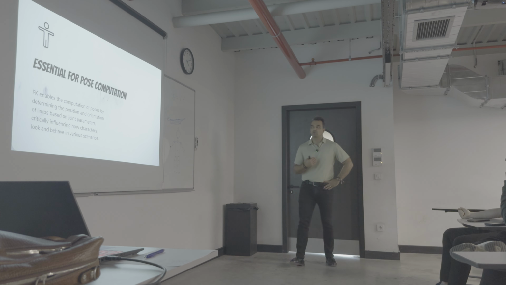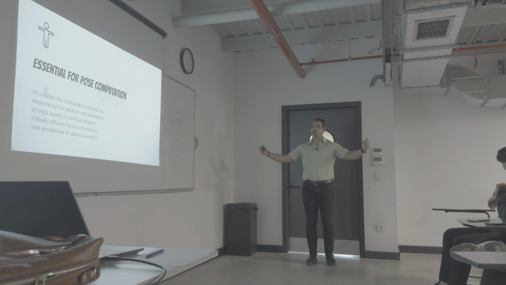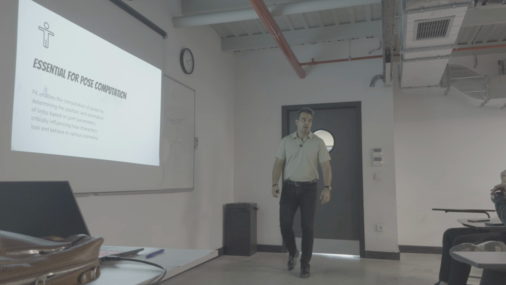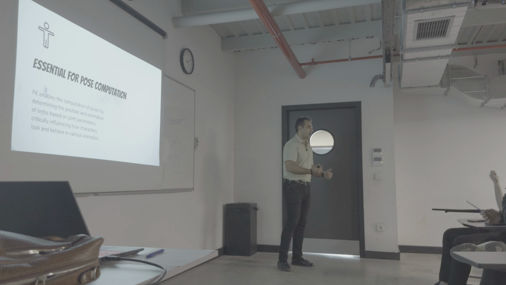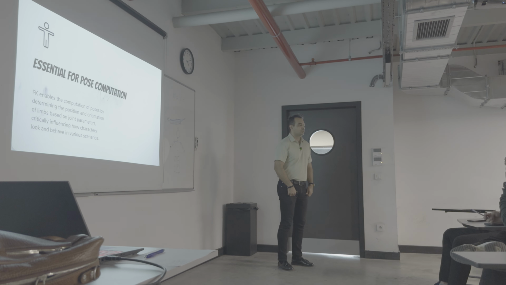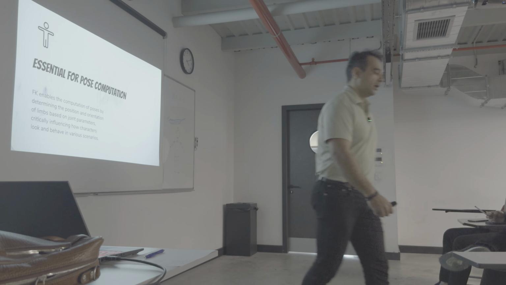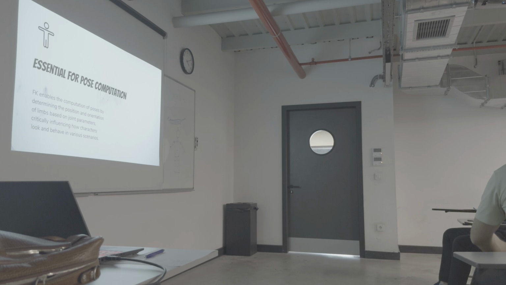When we come to pose computation, forward kinematics computes the position and orientation of limbs based on your joint parameters. For example, if I want my character to sit on a chair, I have to define the joint positions and the rigid body positions.